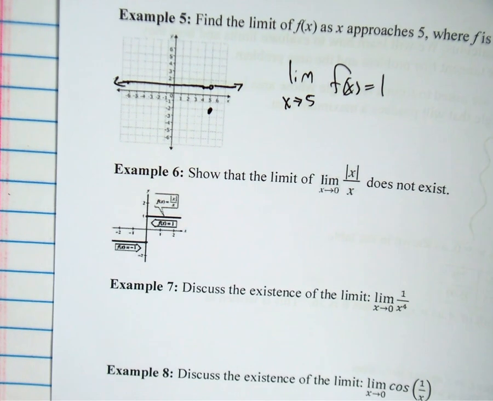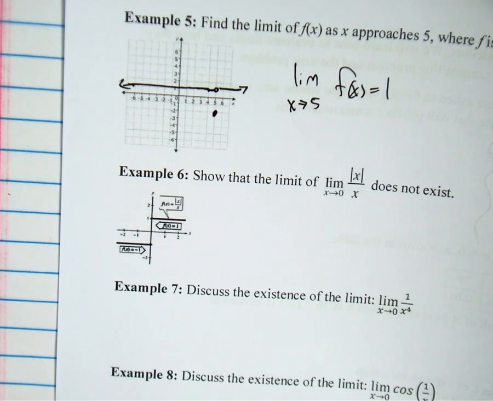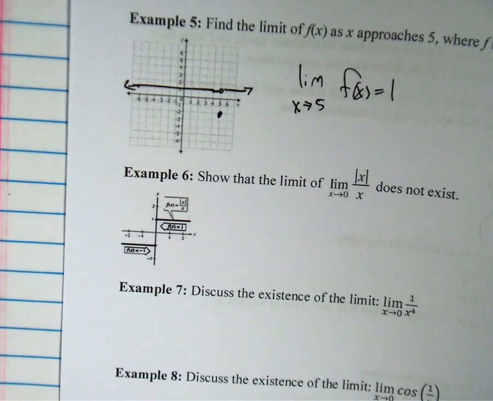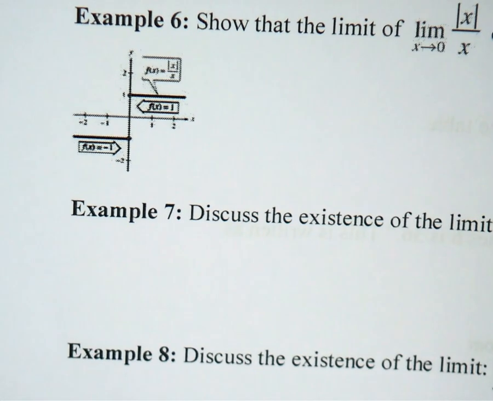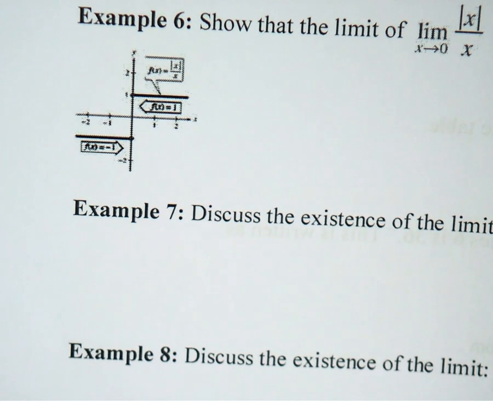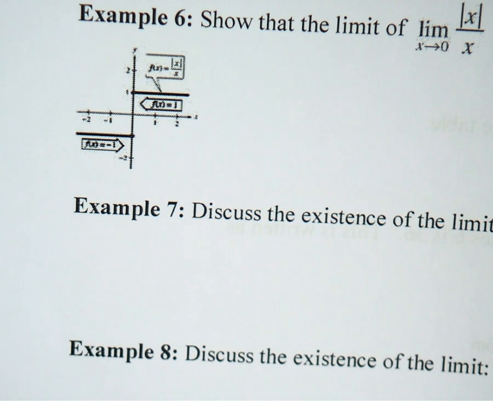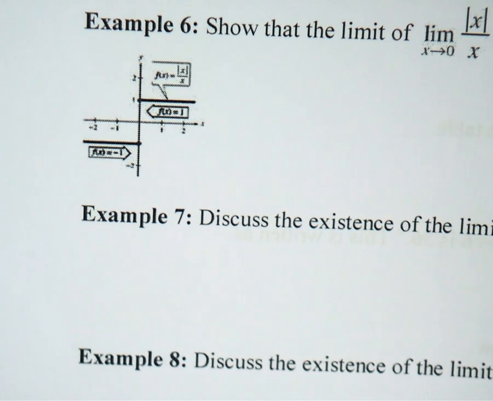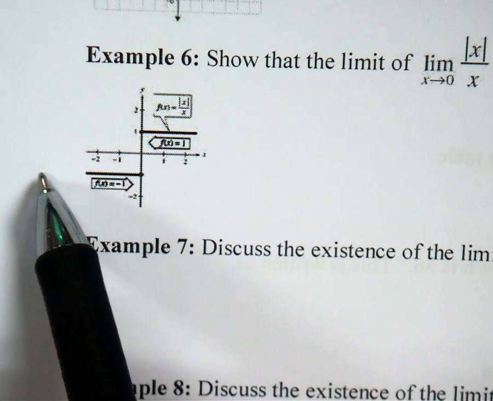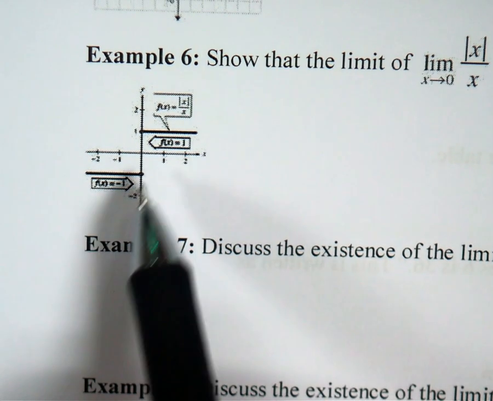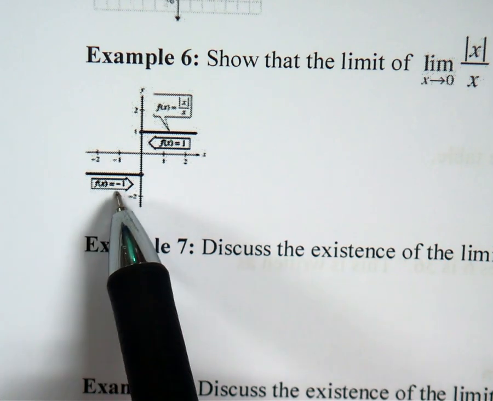Okay, example 6, they give you the graph. And this is where we talk about left and right side. The book didn't really talk about it until right now. We're kind of talking about it in this problem, but it didn't talk about it leading up to it. So as I'm coming in from the left, my limit is -1.